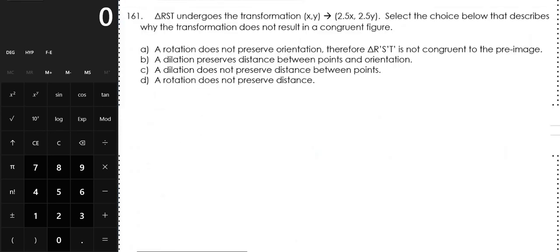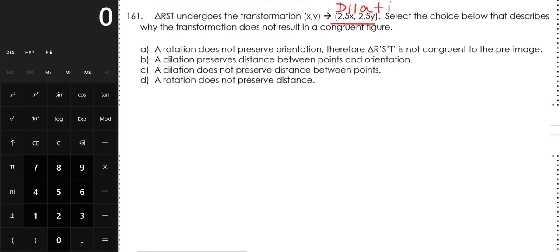Number 161. Triangle RST undergoes the transformation XY becomes 2.5 times X, 2.5 times Y. Now you have to know what it means when you see multiplication happening to both coordinates. When you see multiplication, that means it's a dilation.